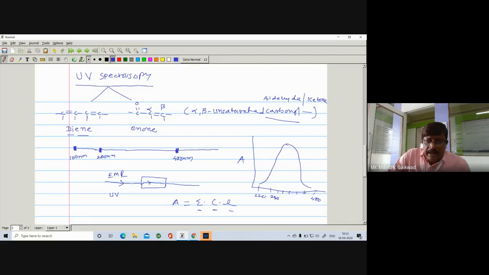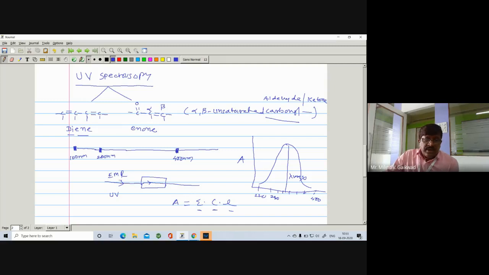This maximum is called the lambda max. We have to find out the lambda max in UV spectroscopy. So we should know Lambert-Beer law. They may sometimes also ask that absorbance is directly proportional to the concentration of the solution and the length of the cell.